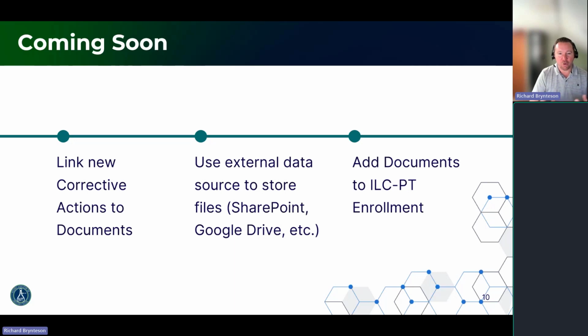Today we show you the data reporting sheet and the instruction sheet, but maybe there's a third or fourth or fifth document that you want to link to that enrollment, so that when the technician is doing the ILC PT, they're reading it directly from the documents inside of document management. So really bringing those all together.